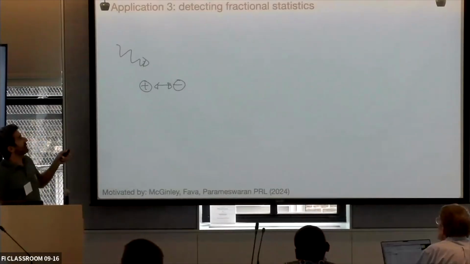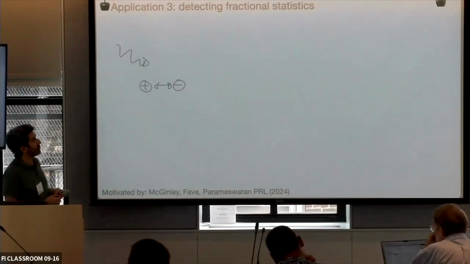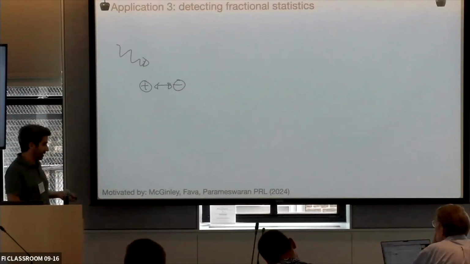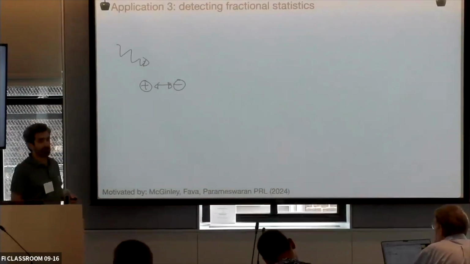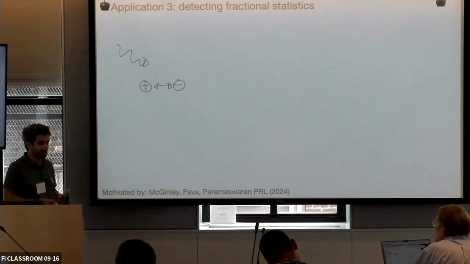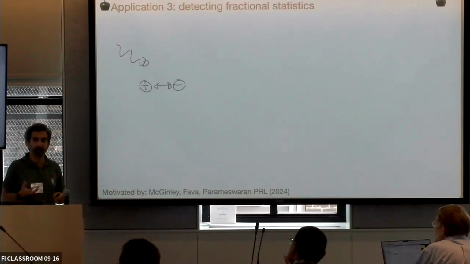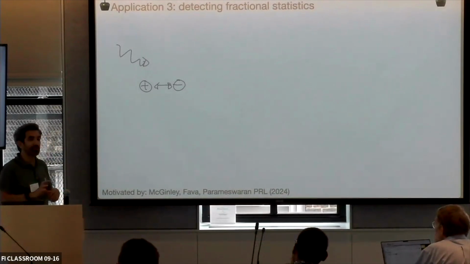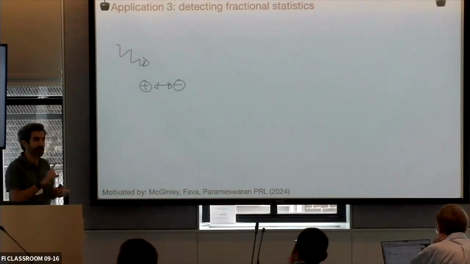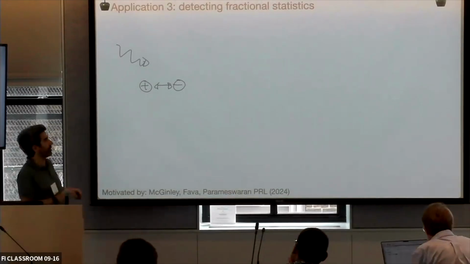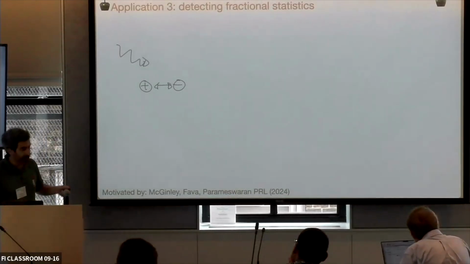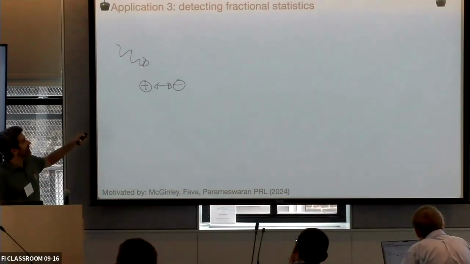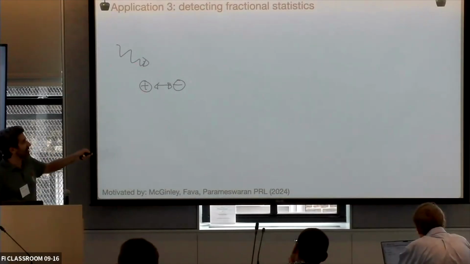Another one, application 3, was motivated by a theory proposal by these folks, who were proposing a way to detect topological fractions, not measure them, which is kind of my idea. So what's the idea? Imagine that during the absorption of my photon, I create an anyon and anti-anyon.